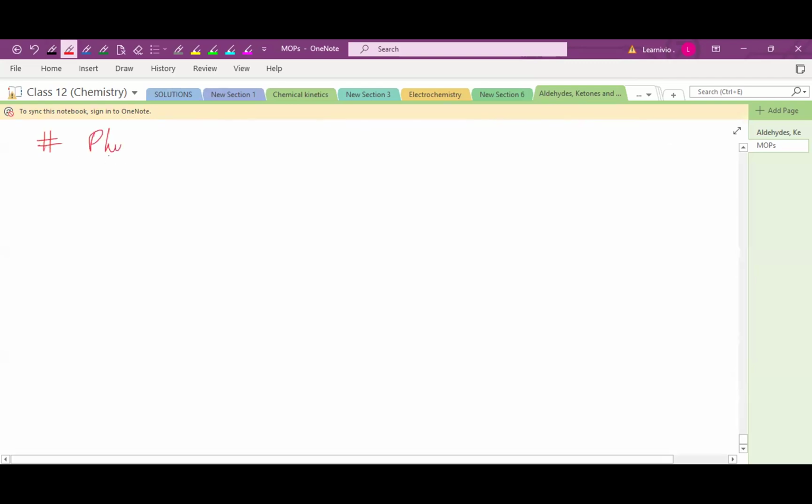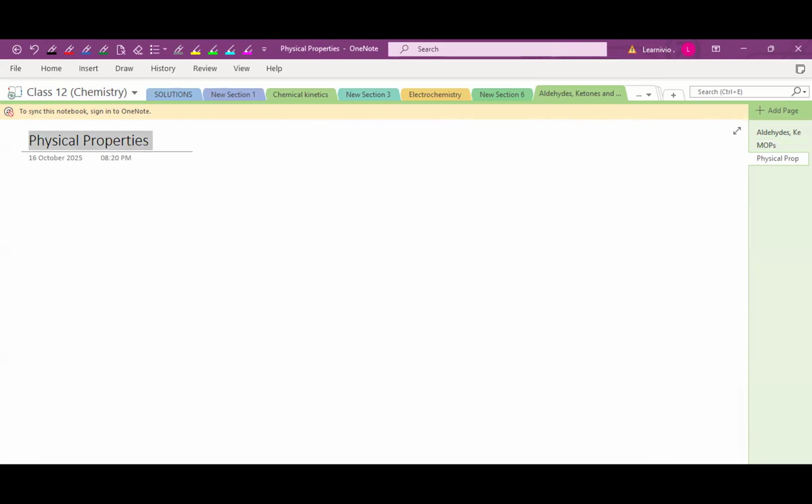Physical properties. Okay, write down the physical properties of aldehydes and ketones.